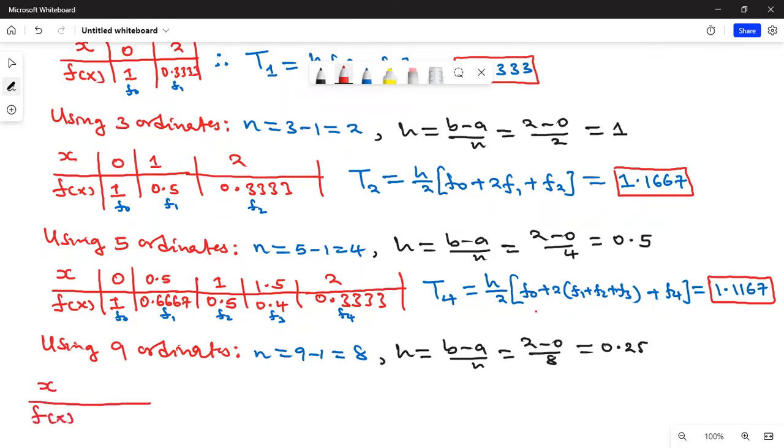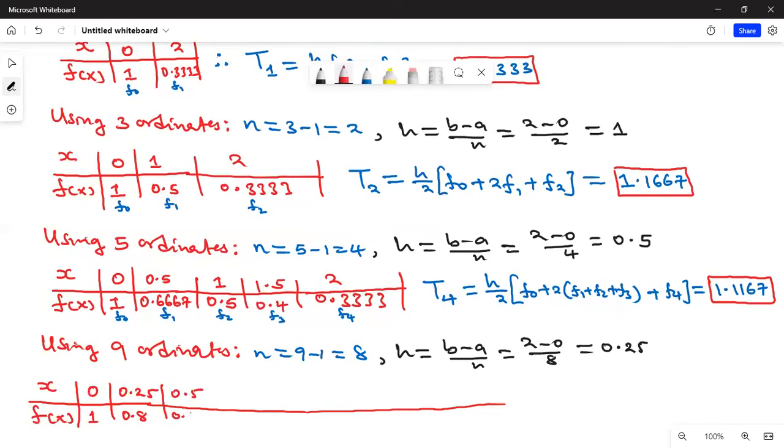Come up with a table of x versus f of x. So this table will now be very long. We start from 0. The value here is 1. Our step size is 0.25. So we'll have 0.25. F of 0.25, that's 0.8. Continue adding 0.25, you get to 0.5.